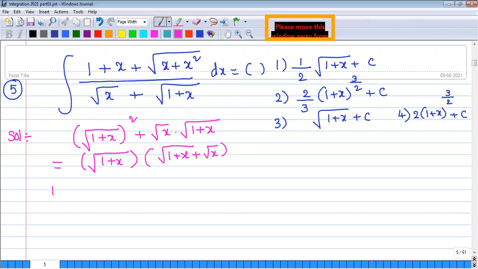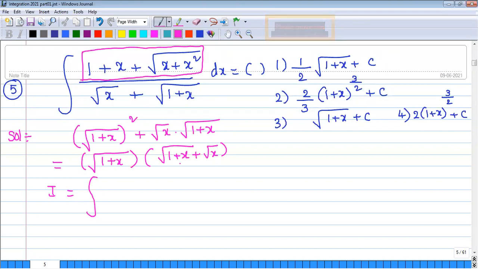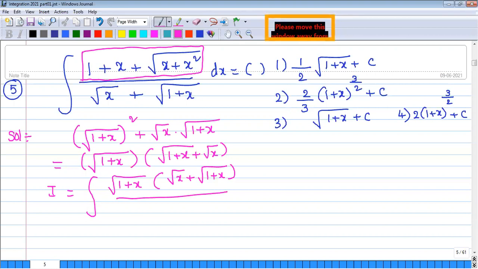Now this integral becomes, instead of this, we write root of 1 plus x into root of 1 plus x plus root x, upon root x plus root of 1 plus x, dx. Both will cancel out.